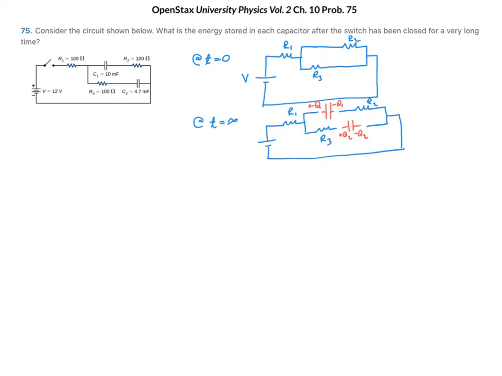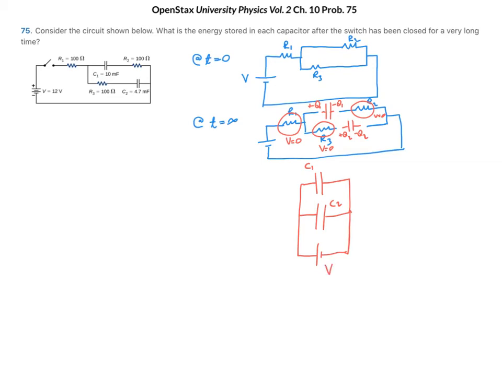So what happens now is that since there is no current going through here, the voltage across this resistor is 0. There's no current going through there, the voltage here is 0. Same thing there, voltage is 0. So what we end up with is essentially capacitor 1 in parallel with capacitor 2, and all the voltage supplied by the power supply is across the capacitors.